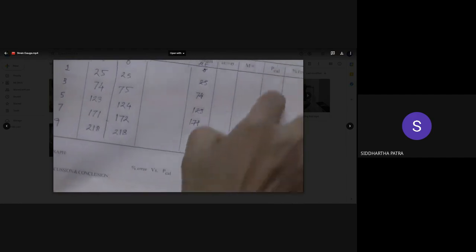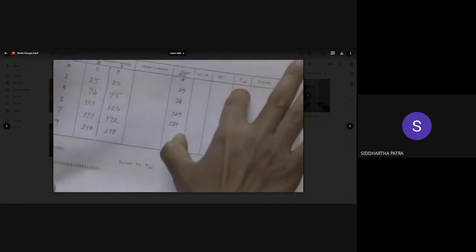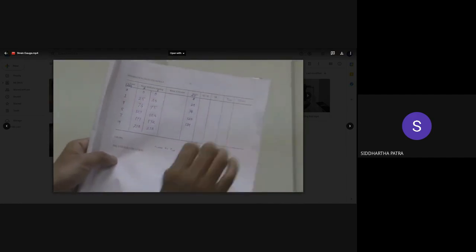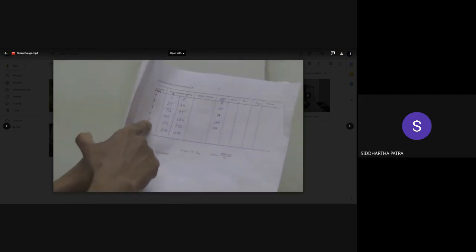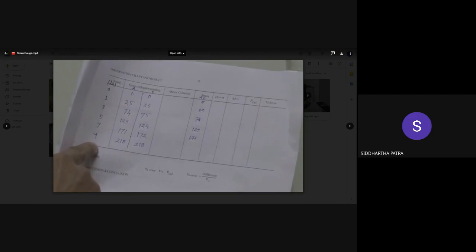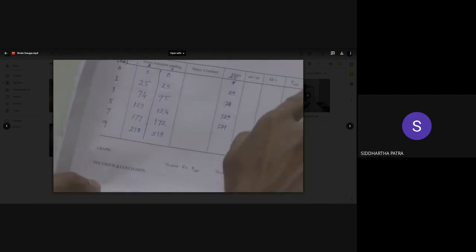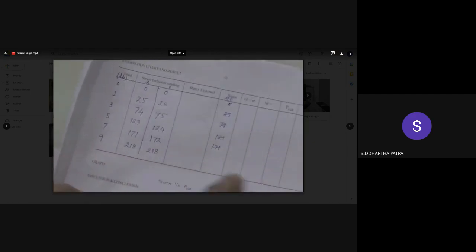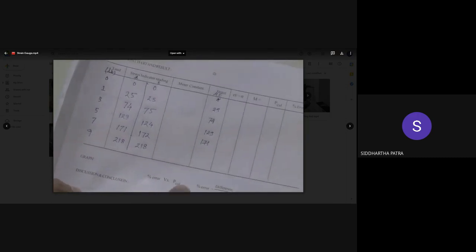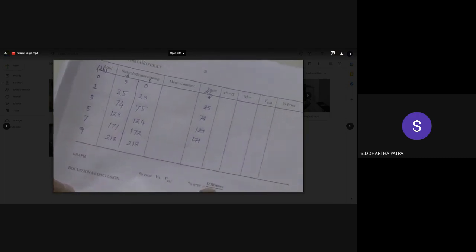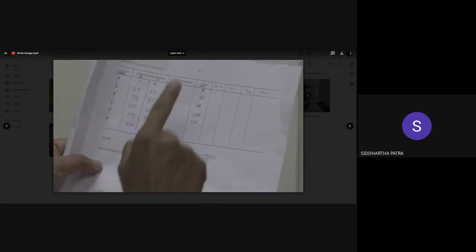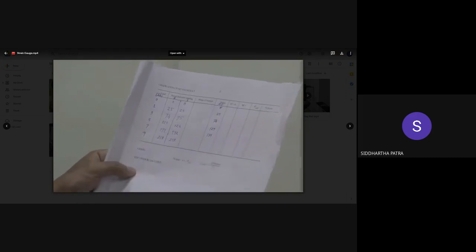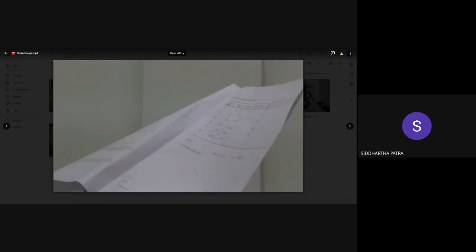This P calculated value must be compared with the applied value given in the first column, and the percentage error must be noted for each loading. Percentage error is the difference between P calculated and P applied, divided by P calculated, times 100. This is the percentage difference.